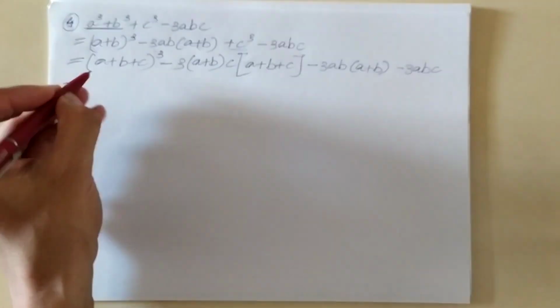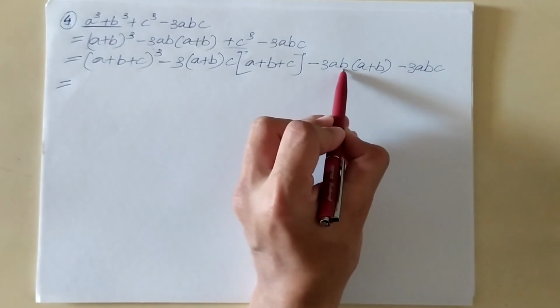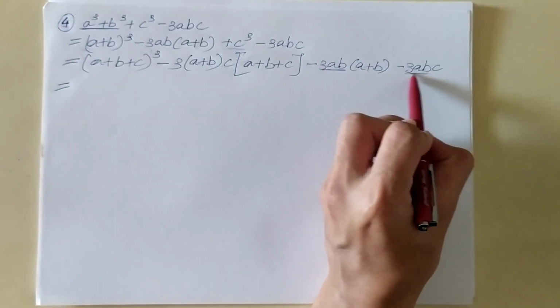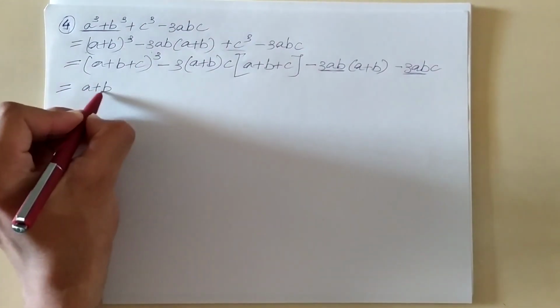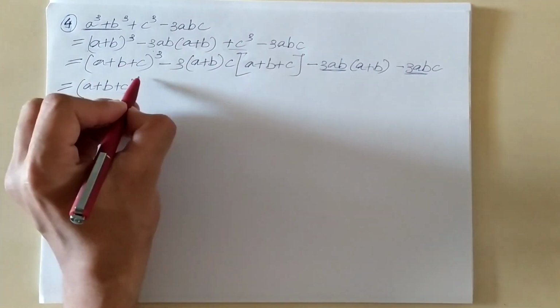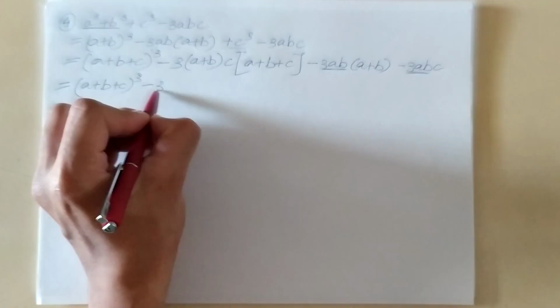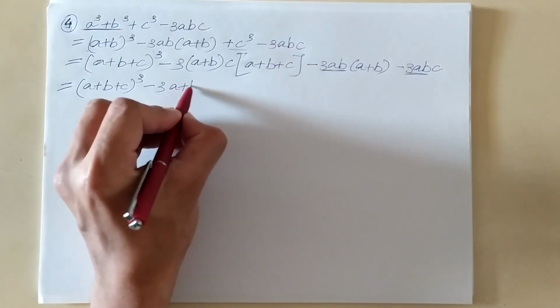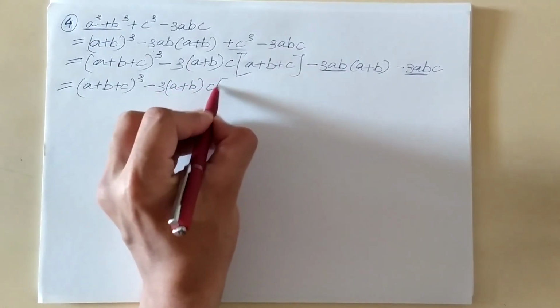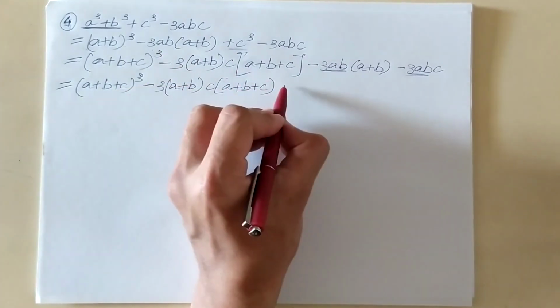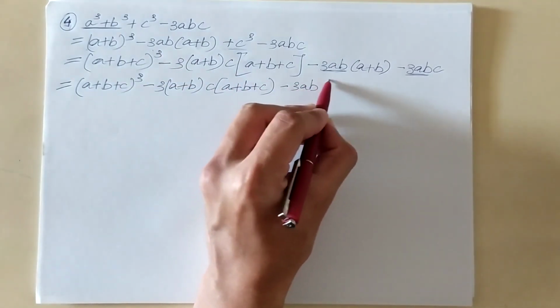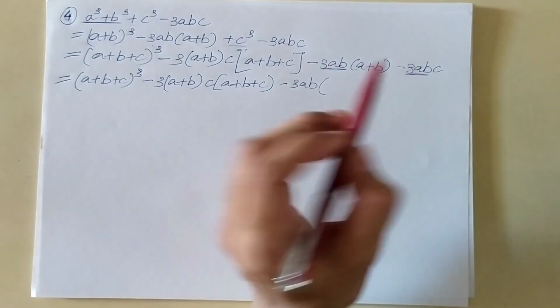Now we can see that 3 is common in these terms, so we will take it common. So we get a plus b plus c whole cube minus 3 into a plus b into c into a plus b plus c, minus 3ab common and a plus b plus c.